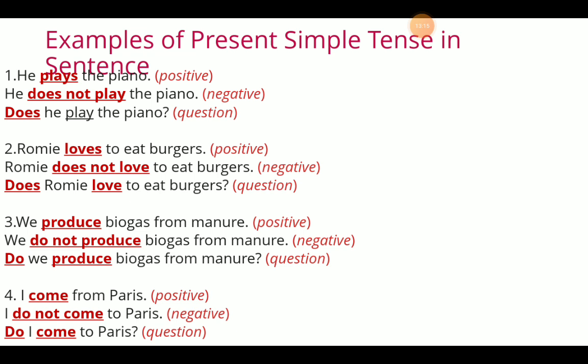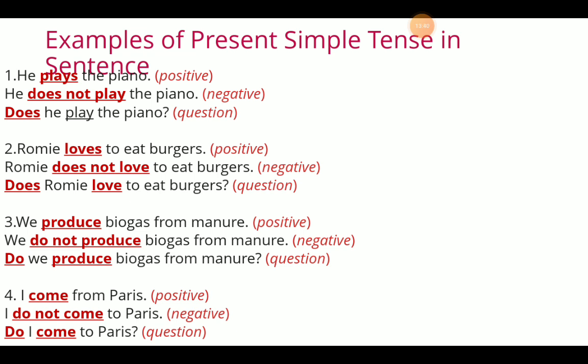The first sentence, he plays the piano. It is a positive sentence, and you can see the main verb is in the s form, because the subject pronoun is third person singular, he, right? So how to split it for forming a negative sentence?